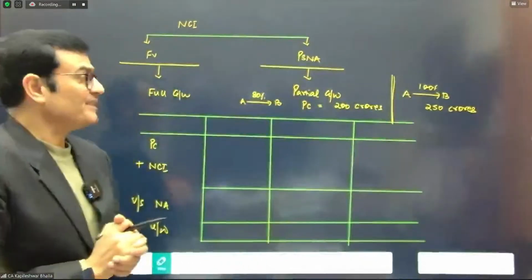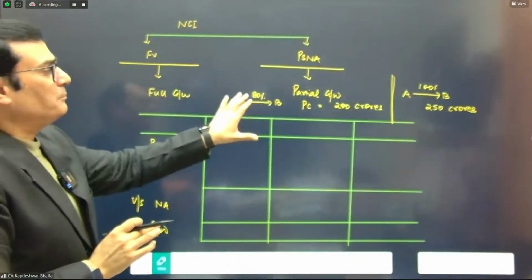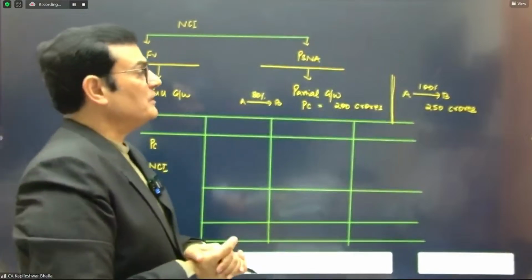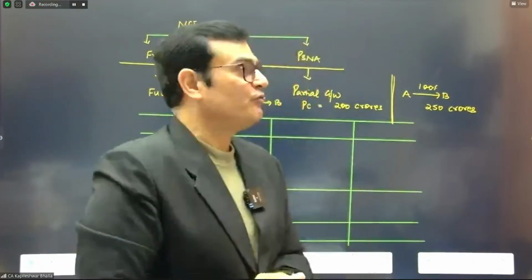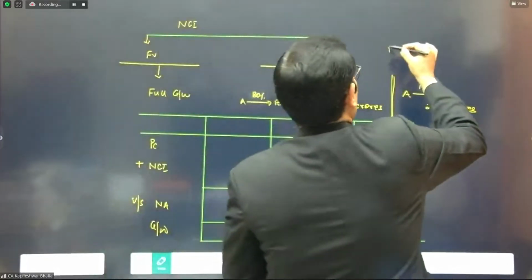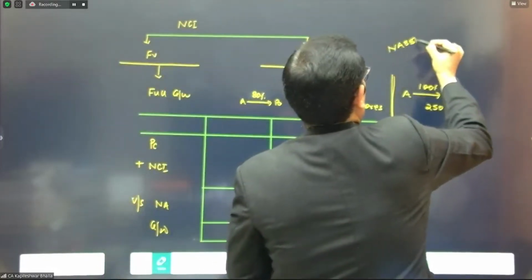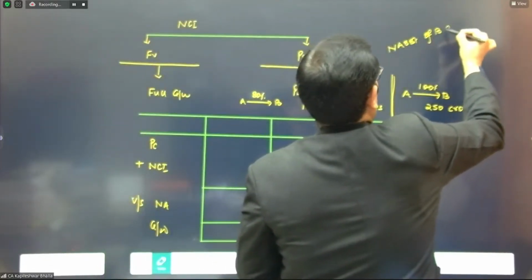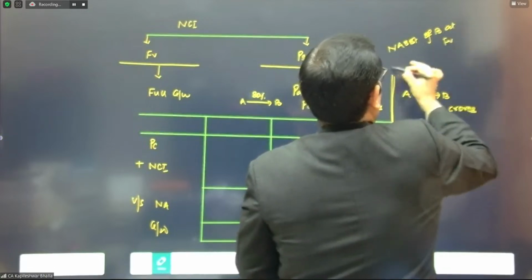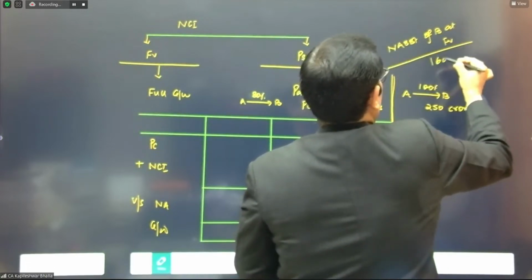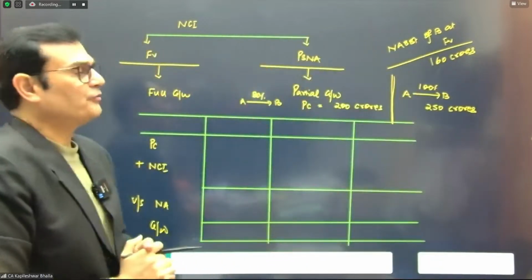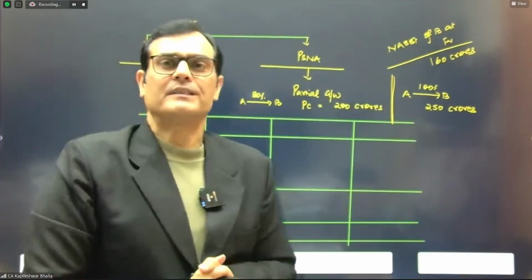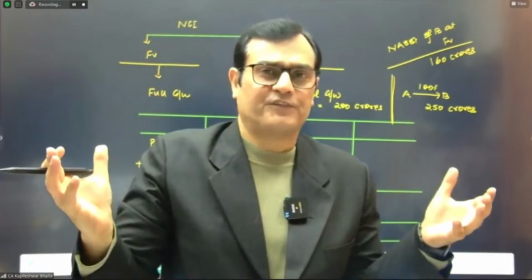So I'm going to take two cases. A got an 80% stake in B with a PC of 200 crores. A got a 100% stake in B with a PC of 250 crores. And let's consider the net assets of B at fair value. Let's say the net assets of B at fair value is 160 crores. Now watch the maths and enjoy.